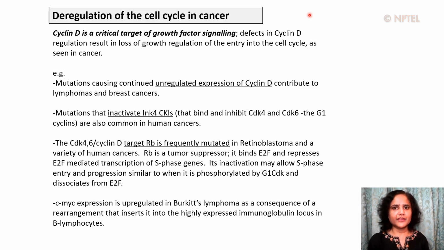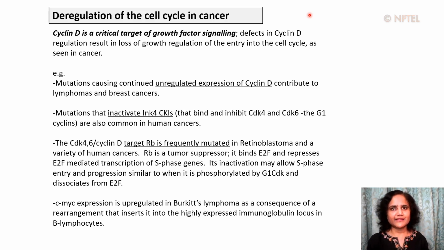So basically, if you mutate or inactivate the CDK inhibitor, then obviously the CDK would be active and it could drive cell cycle progression forward. The CDK4/6 cyclin D target retinoblastoma, which we discussed as a repressor of E2F transcribed genes, is frequently mutated in retinoblastoma and a variety of human cancers.